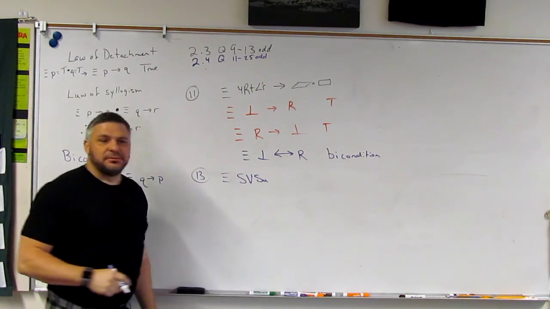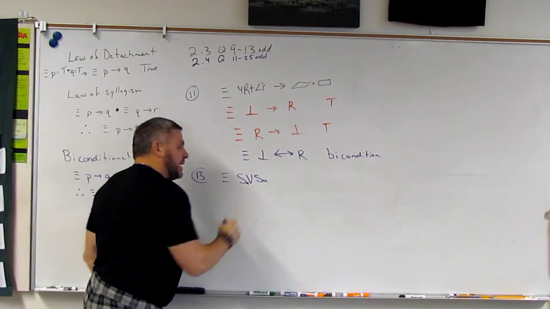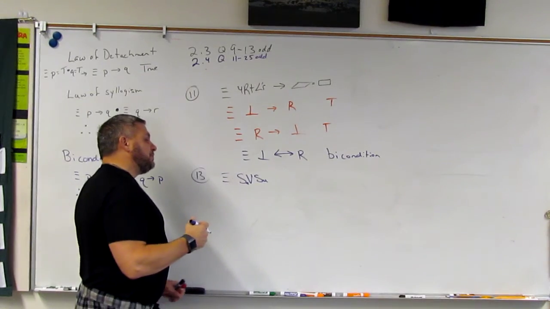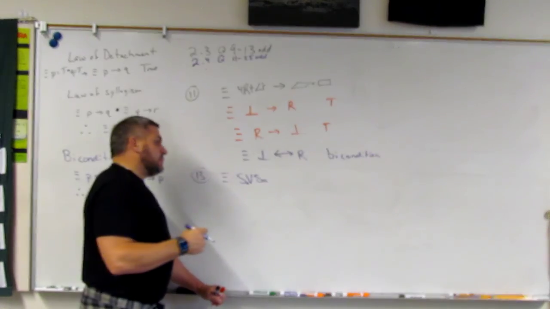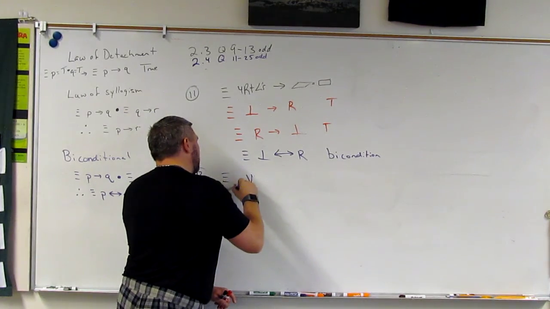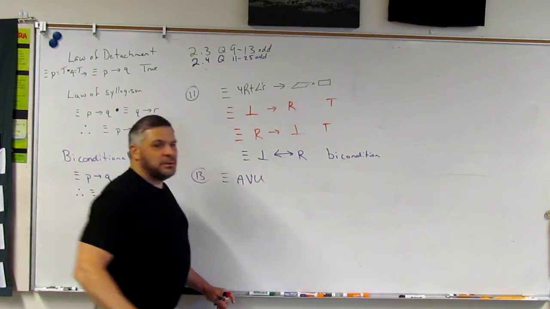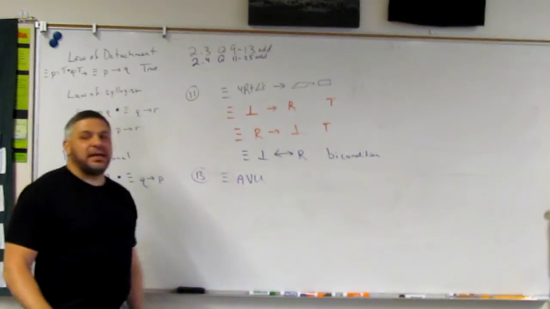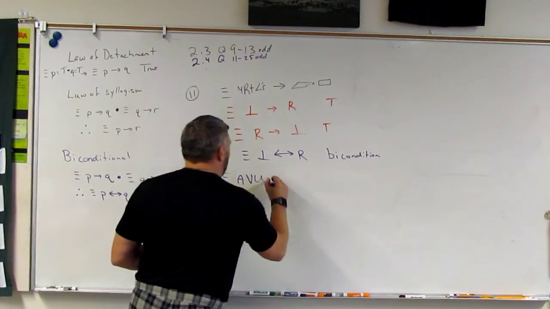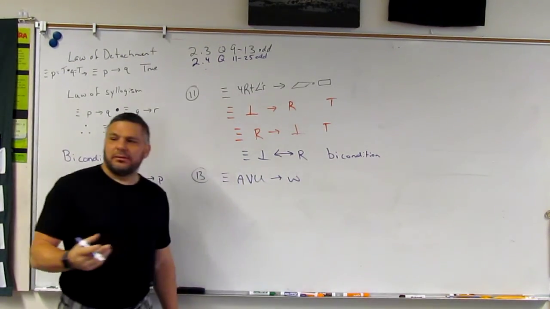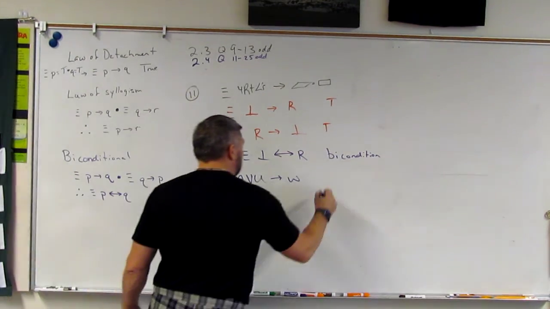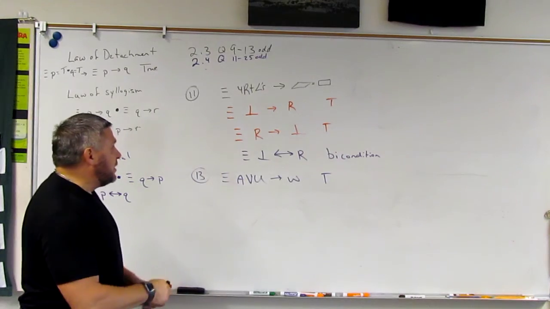I'm going to go with A and U for Saturday and Sunday, the second letters. Then what? Then it's the weekend, right? Yeah. Okay? Is that true? Yeah. That's true. All right, let's write the converse.